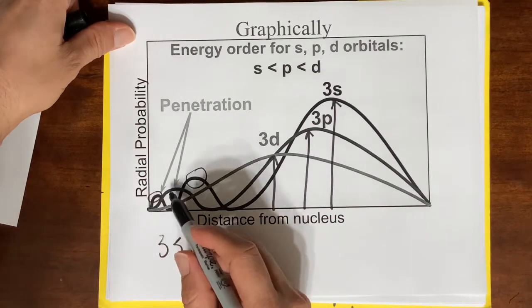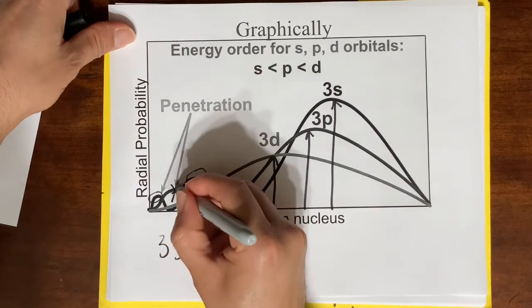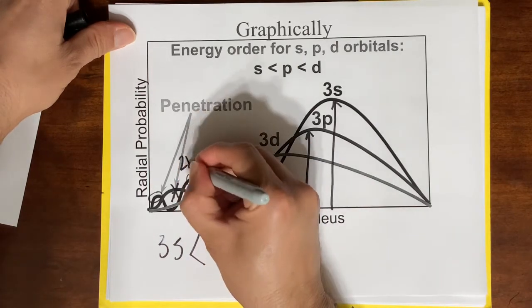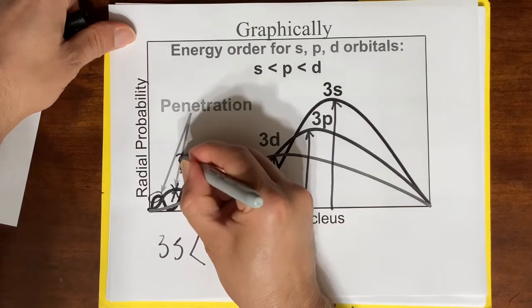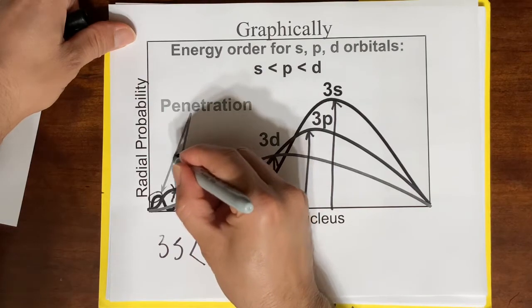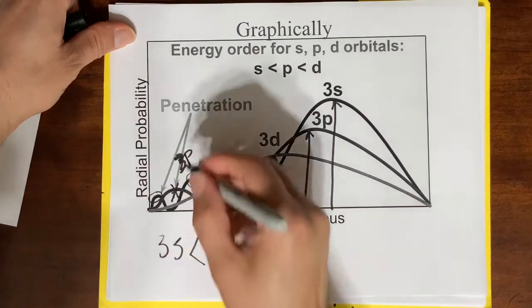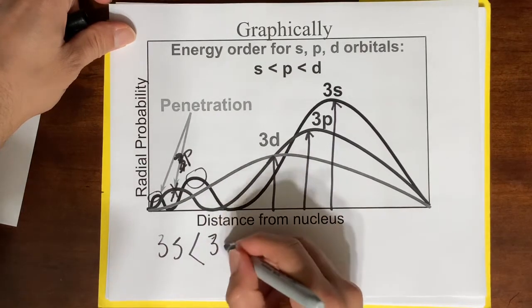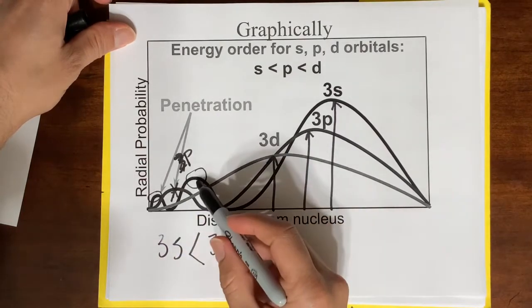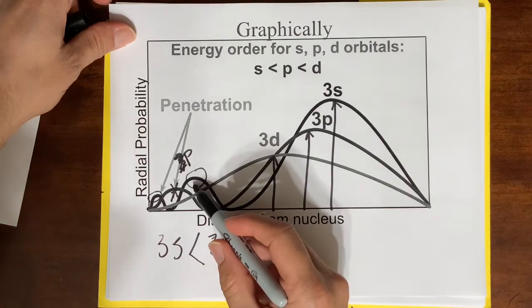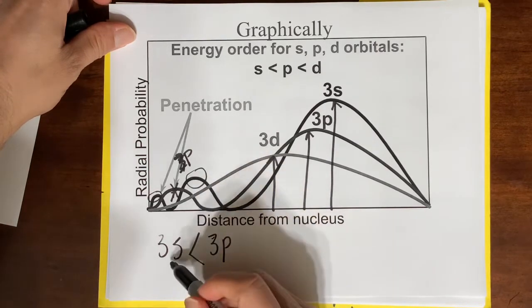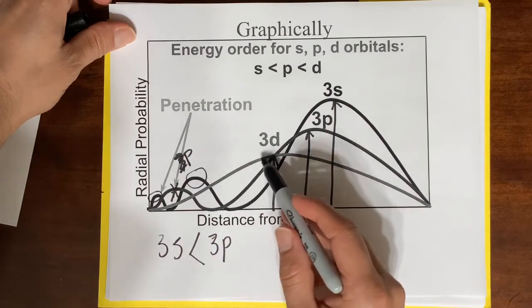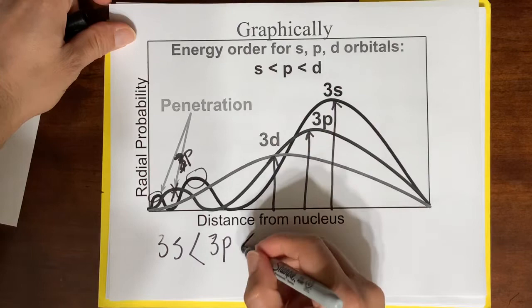And after that one, we have this one that belongs to the 3p orbital. That bump or penetration belongs to, again, the 3s orbital, which I already mentioned. And after that one, we will see a 3d orbital.